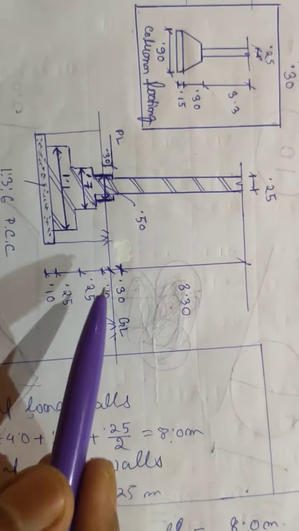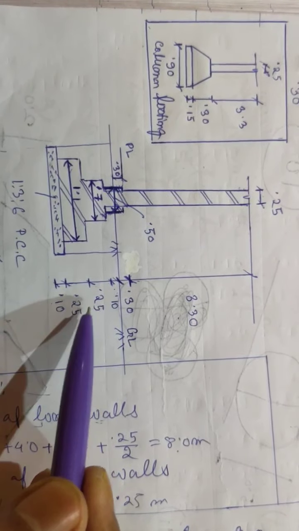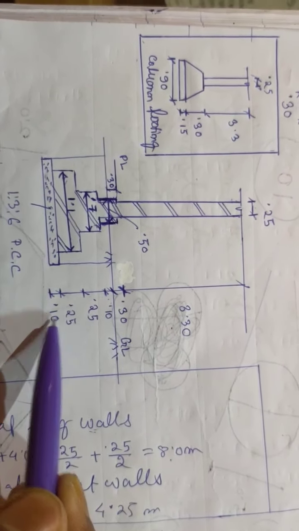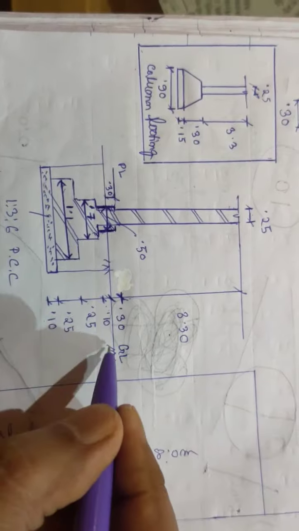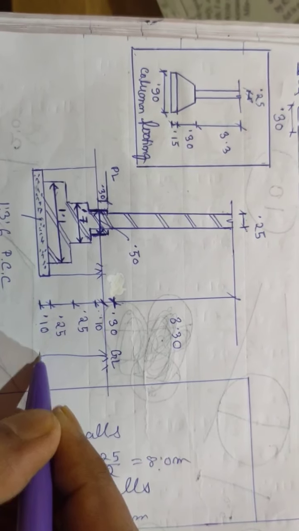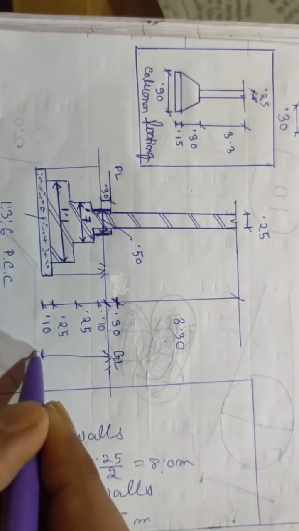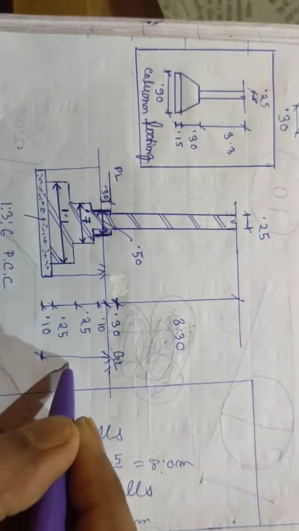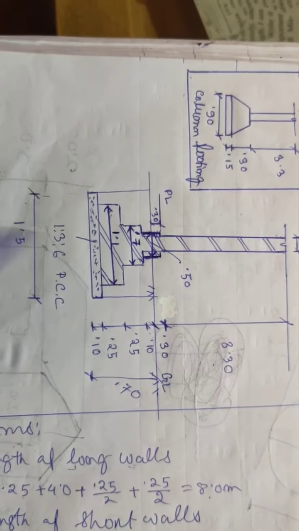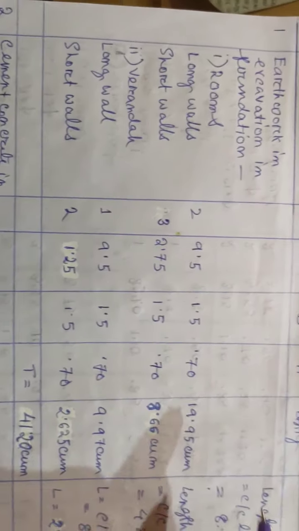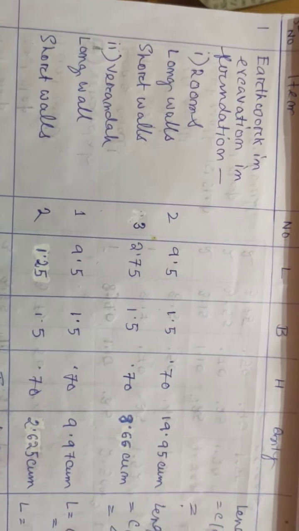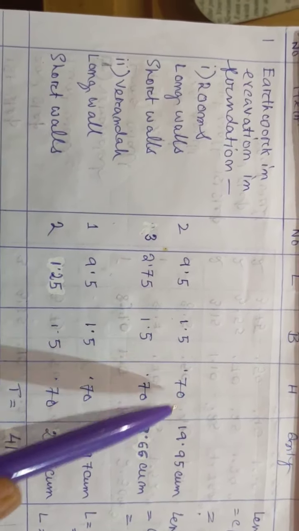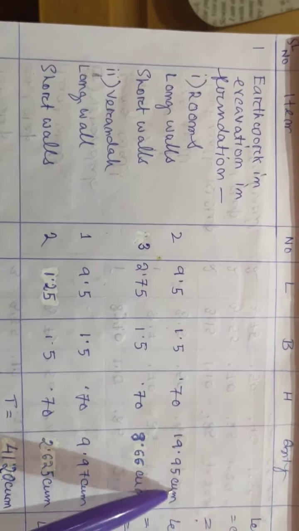What is the height of earthwork in excavation? 0.1 plus 0.25 plus 0.25 plus 0.1. Ultimately this is 0.7. So the height of earthwork in excavation is 0.7 and the breadth is 1.5. Under the height column we'll write 0.7. So 2 into 9.5 into 1.5 into 0.7, we'll find this 19.95 cubic meter.